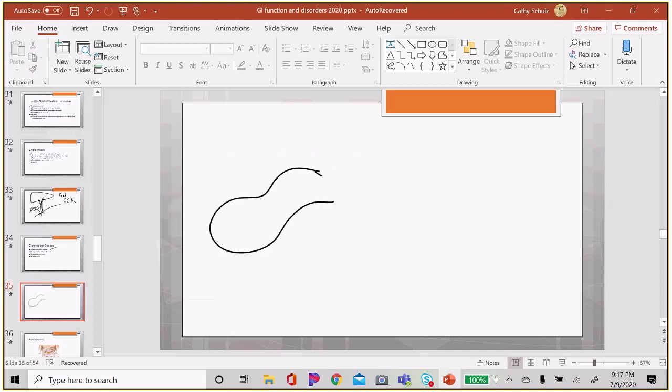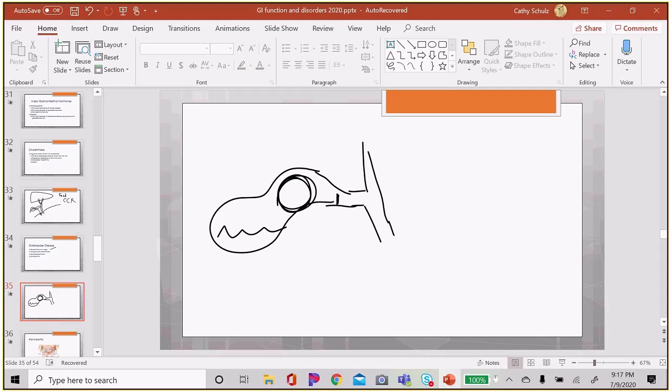So if this is my gallbladder and the cystic duct emptying into the common bile duct, and I have a big stone here, every time the gallbladder contracts after I eat food, that stone blocks the outlet for whatever bile is in here.